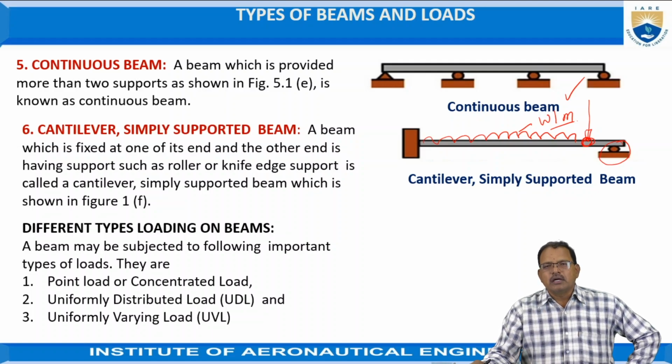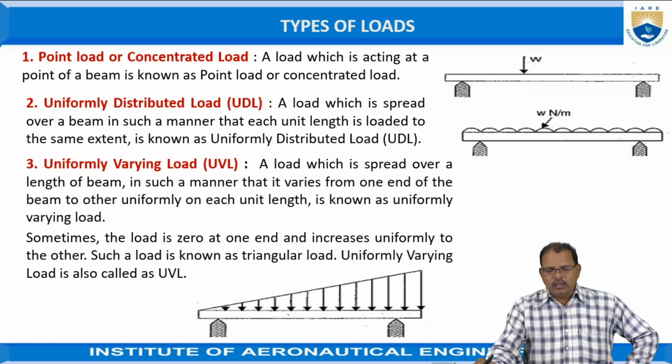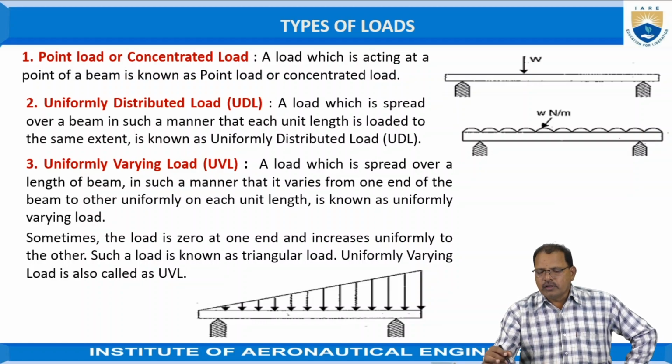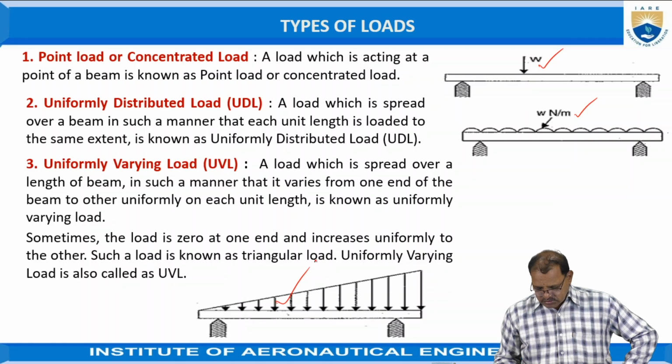So one is the point load, the second is uniformly distributed load, and the third is uniformly varying load.